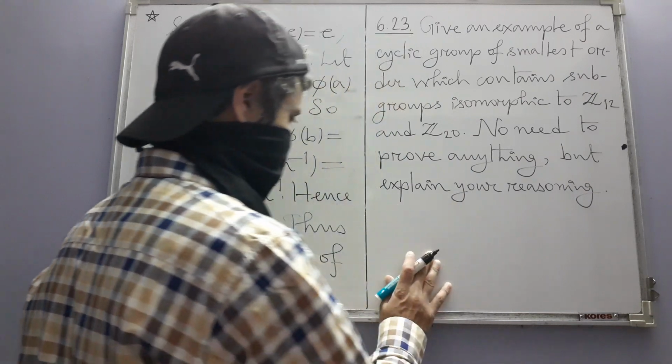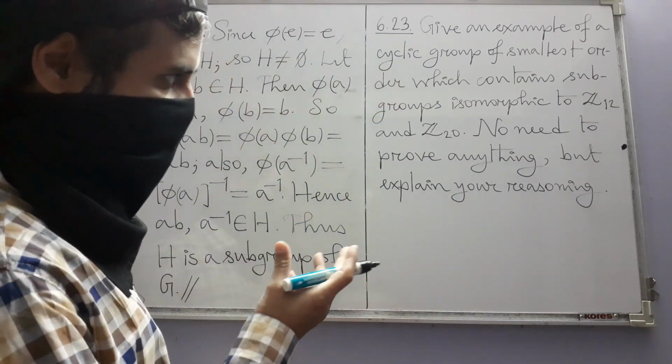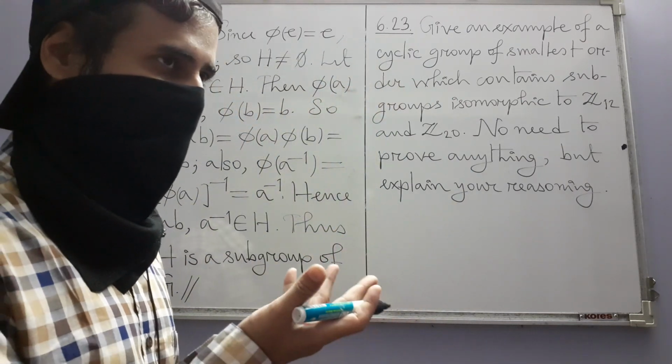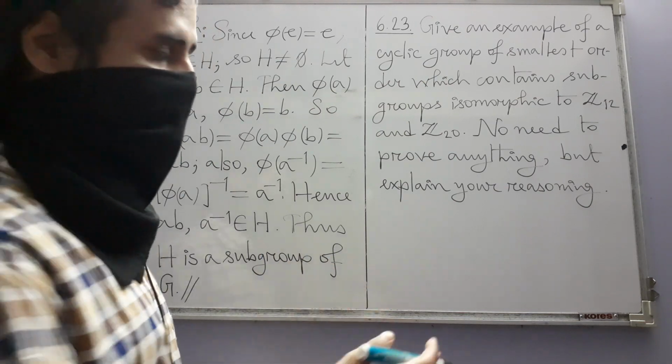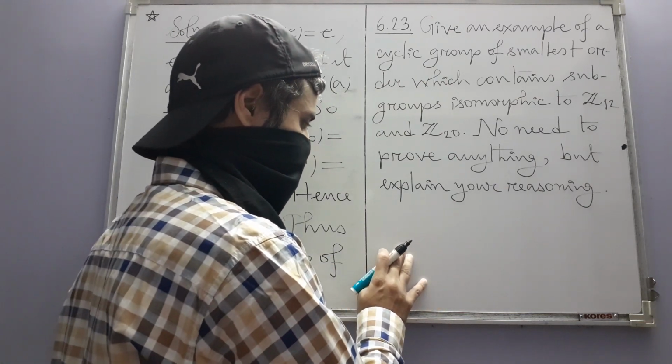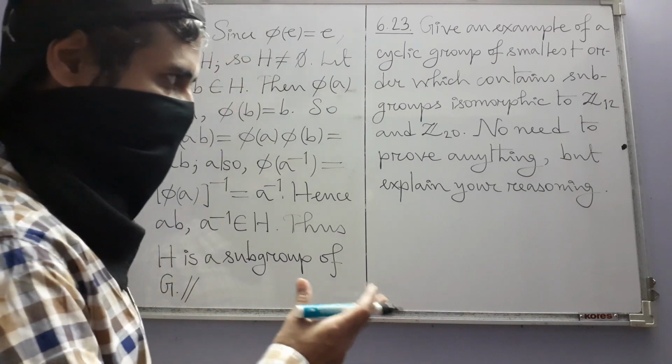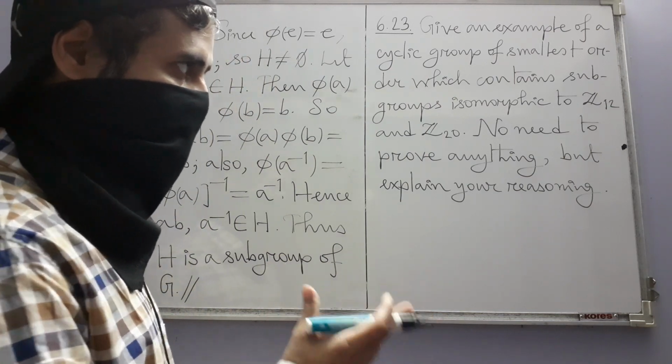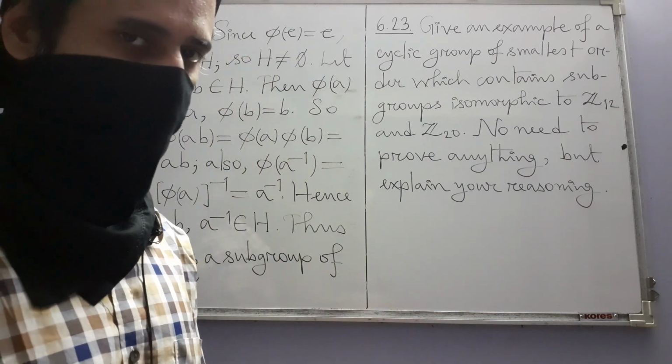Let us first of all see that if we suppose that there is such a cyclic group, then what is the consequence of that? What is something that is necessary for this to happen?